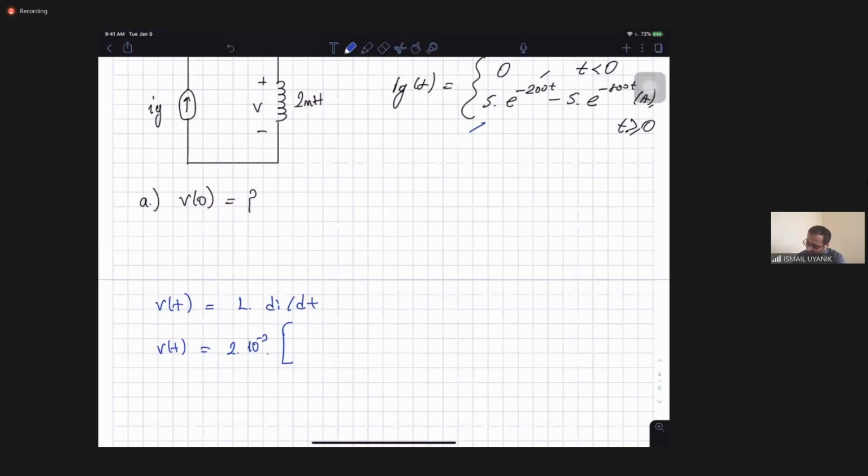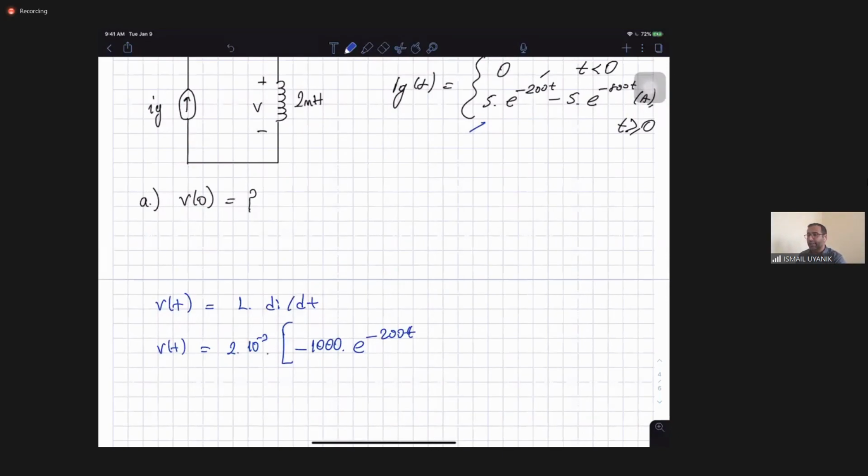That will be minus 200 as a multiplication coefficient, so minus 1,000 times e to the minus 200t, I hope, if that is correct.